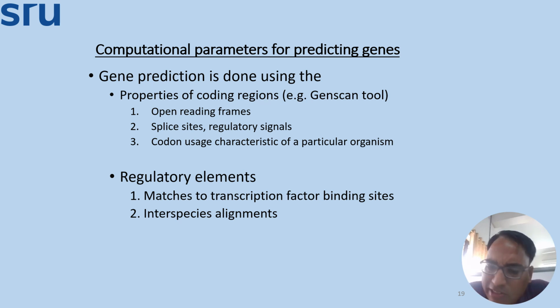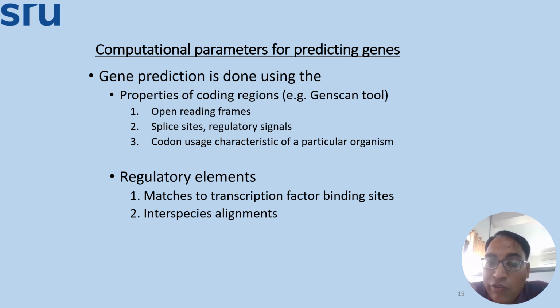These are very basic signals used to predict genes. GenScan was the first tool to do it. Besides that, there are regulatory elements, signals matching transcription factor binding sites, which are specific key segments always bound by transcription factors. So we can search for these signals.